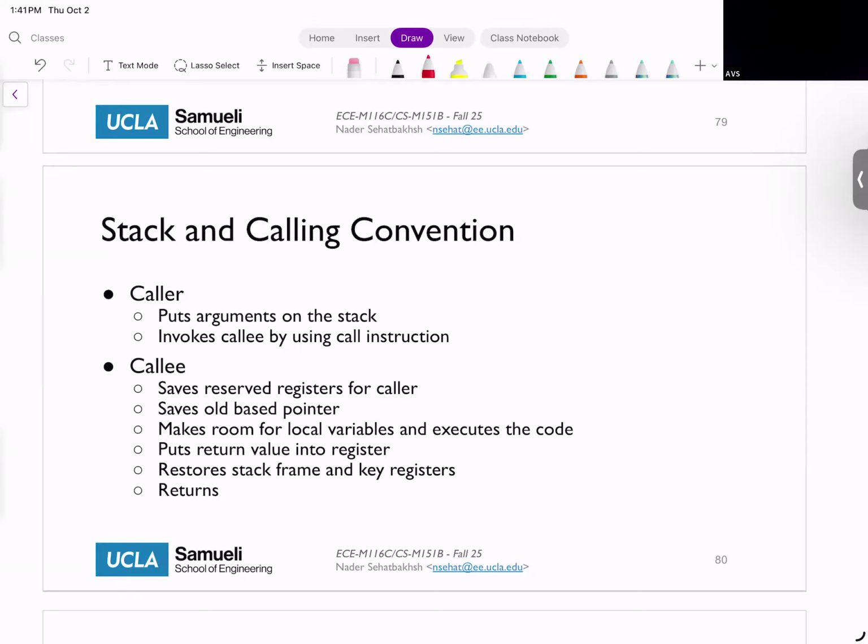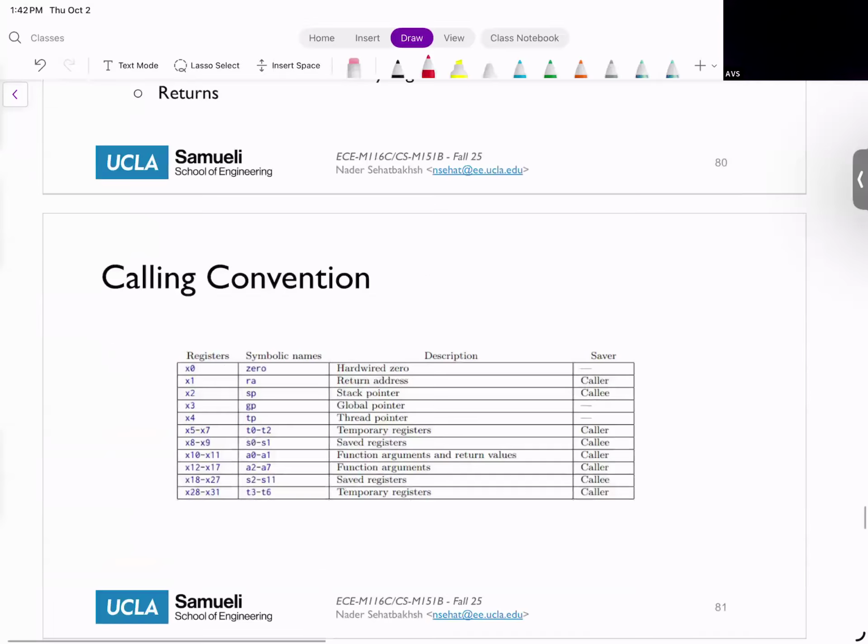For example, the return address it saves into the stack, so that even if it accidentally changes things, it can always pop it back. It saves the old base pointer, makes room for local variables, puts the return address into some register, restores the stack frame when it's done, and then finally it returns.